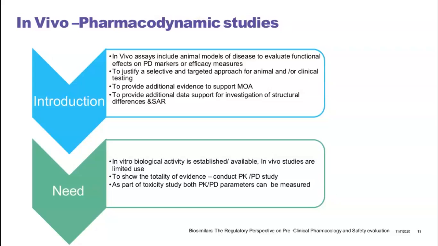I can give you one example of in vivo assays, especially developing animal models. If we take pegfilgrastim or filgrastim, the main function of filgrastim or pegfilgrastim is to increase the neutrophil counts in case of neutropenia. This drug is mainly for human beings. It is given as an adjuvant therapy to patients who suffer from cancers.